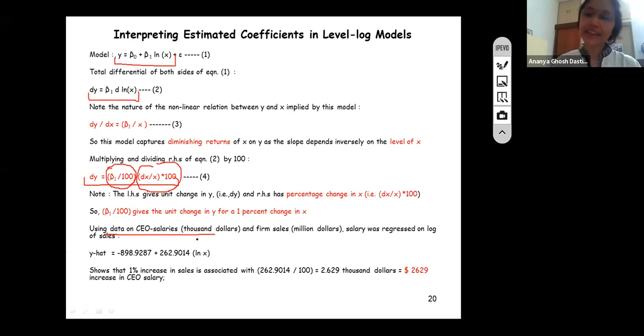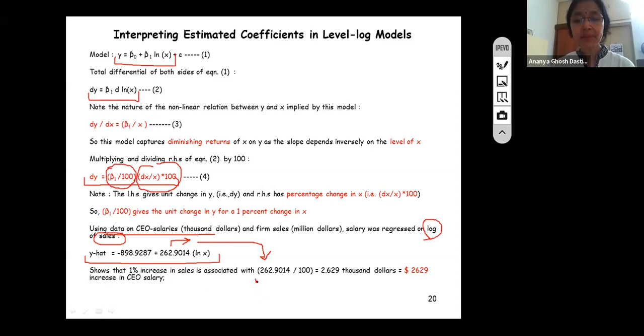So if we now regress CEO salaries on log of sales, so we're now taking log of the explanatory variable, and let's say I get this model. What is this saying? Remember, I have to take beta hat and divide it by 100, which is exactly what I have done.